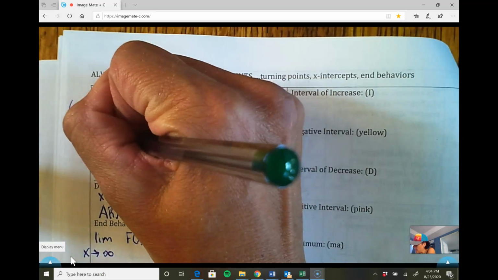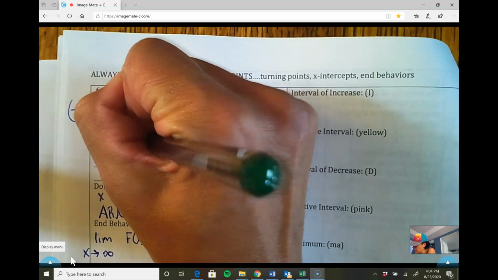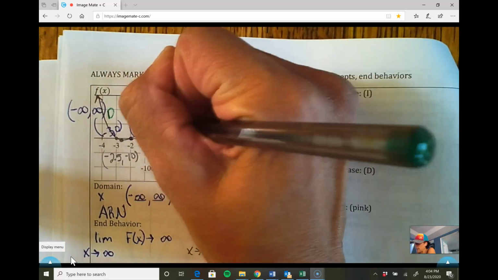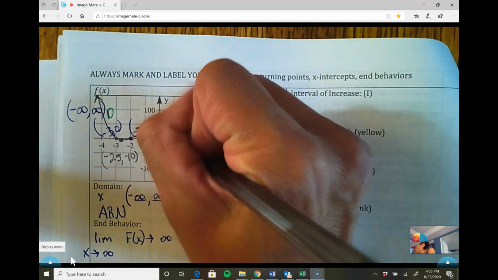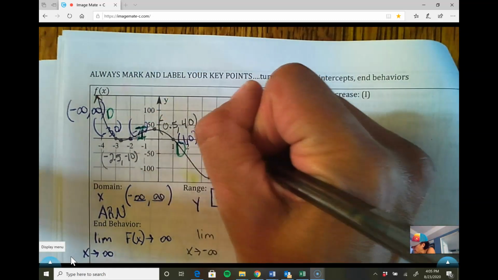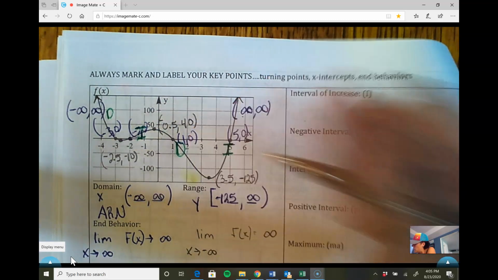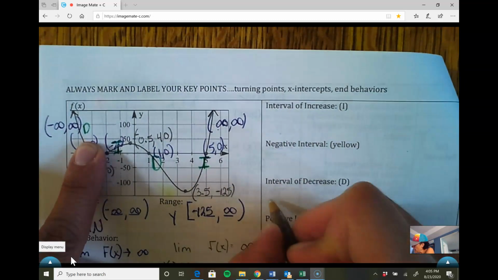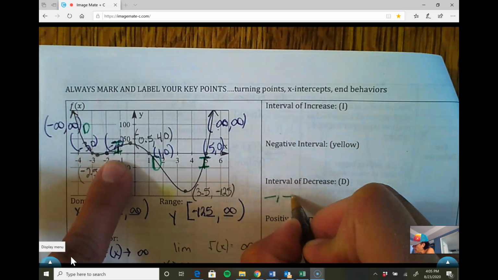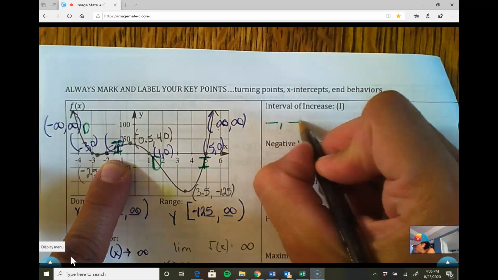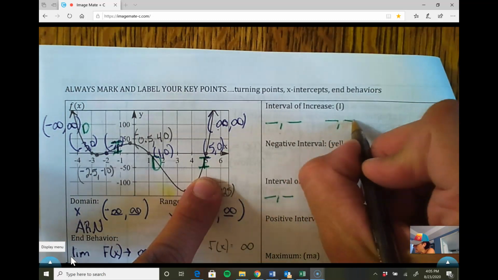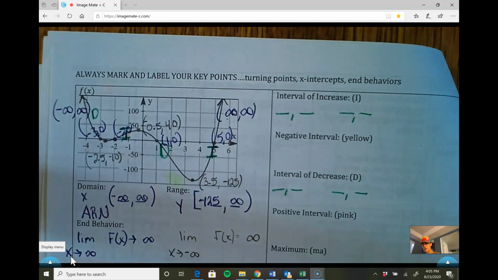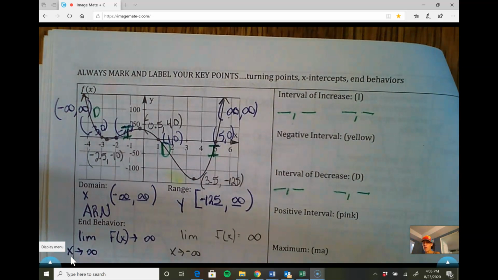Then it gets down to here, and then it starts to increase till it gets to here. Sorry, you can't see that. Then it starts to decrease till it gets to here, and then it starts to increase. So when I look at my answers, I'm going to have a decrease section, an increase section, another decrease section, and another increase section. And again, I don't do all the increase, then all the decrease. I bounce back and forth between the two.